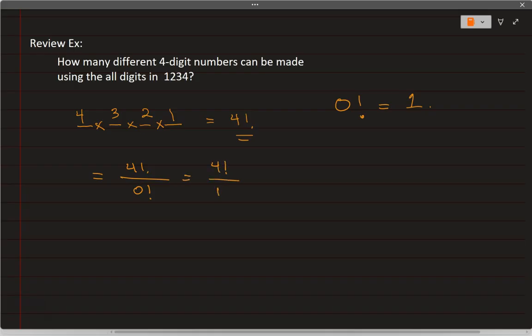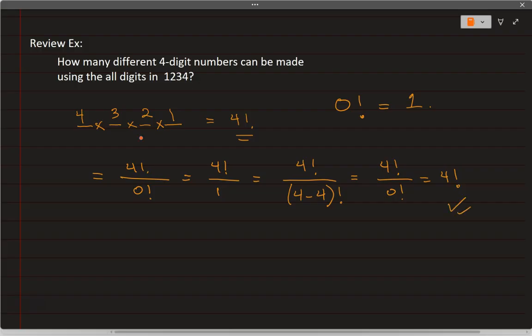So 4 factorial over 4 minus 4 factorial, because I am choosing 4 objects out of a total of 4 objects. Sure enough, I get 4 factorial over 0 factorial, which is equal to 4 factorial.